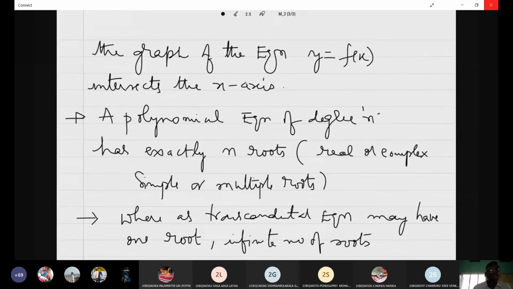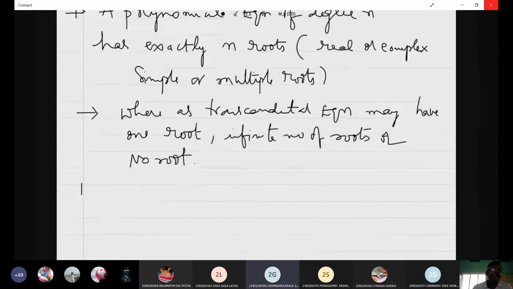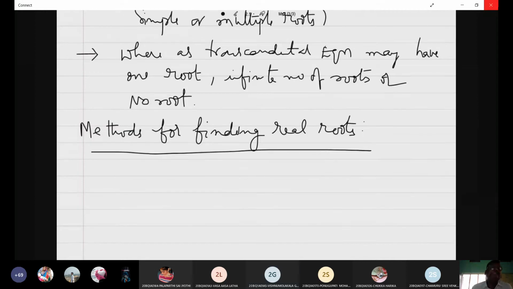We have two methods. One is a direct method and the other is an indirect method. Indirect method is nothing but iterative method. Are you understanding? When you need to find the roots of an equation, whether it is an algebraic equation or a transcendental equation, we have two types of methods.